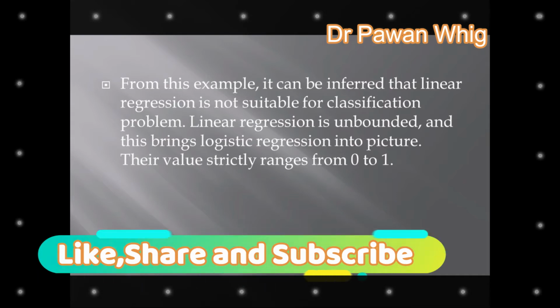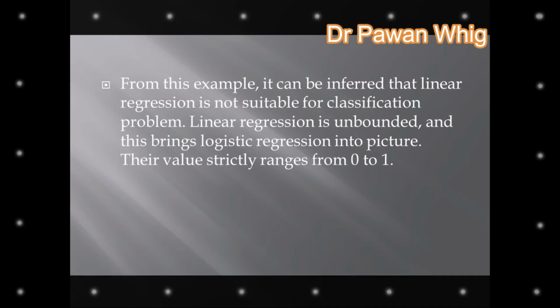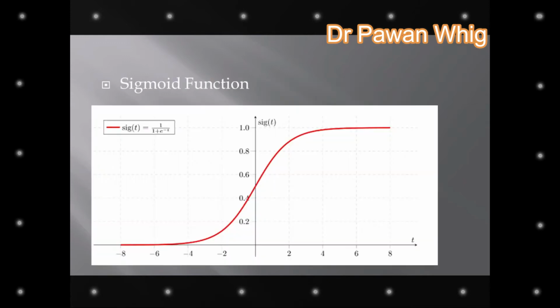From this example, it can be inferred that linear regression is not suitable. Linear regression is unbounded, and this brings logistic regression into the picture. Its values strictly range from 0 to 1: if the patient does not have cancer, then it is 0. If the patient is suffering from cancer, then it is 1. In logistic regression, the function we use behind the scenes is the sigmoid function.